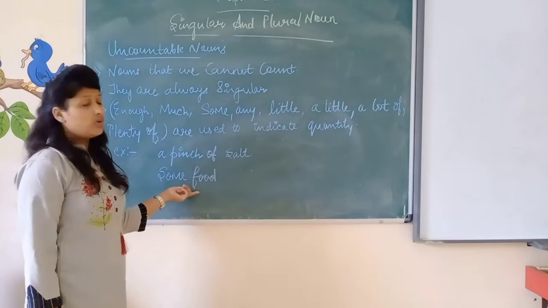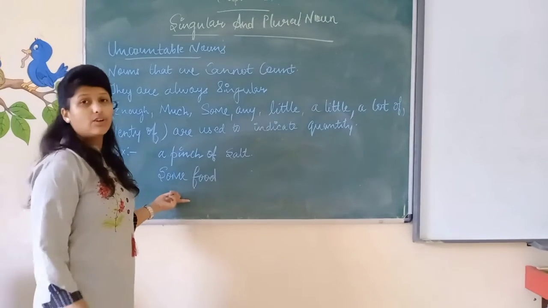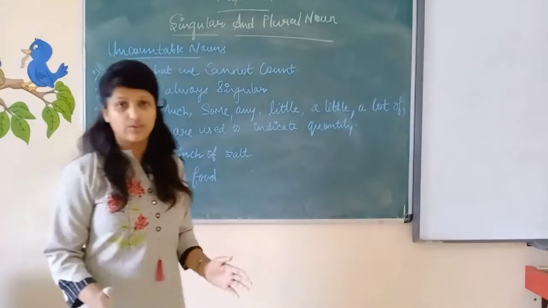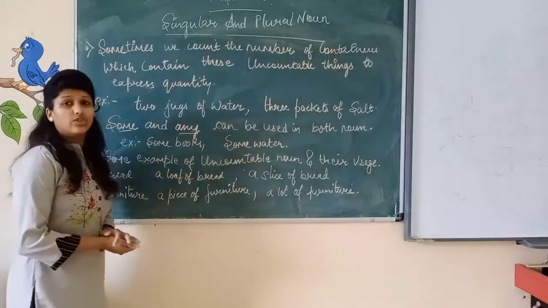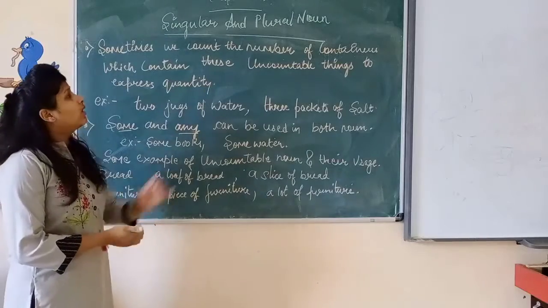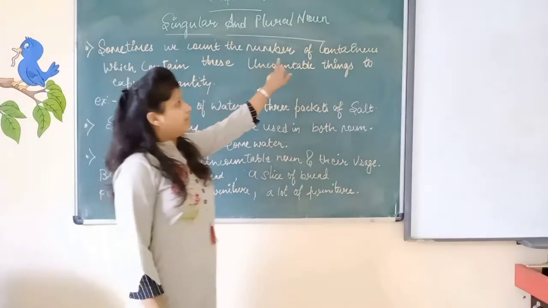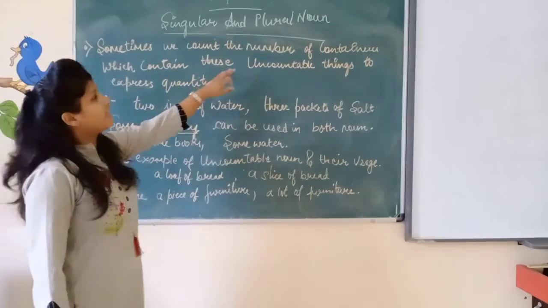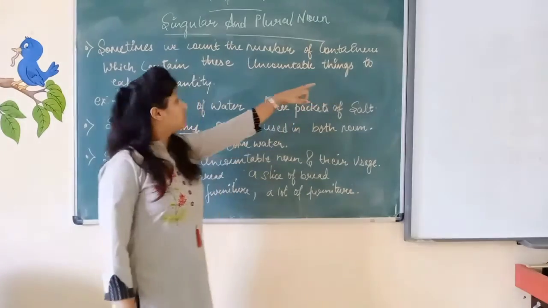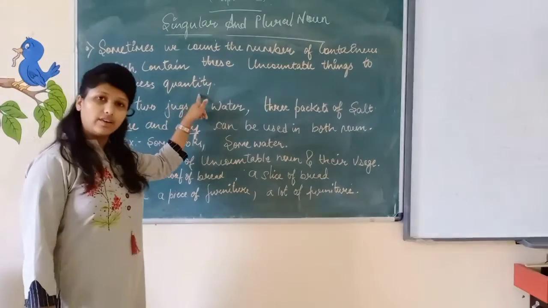Some food. Here also there is no defined quantity of how much food there is, but there is some food. So sometimes we count the number of containers which contain these uncountable things to express quantity.